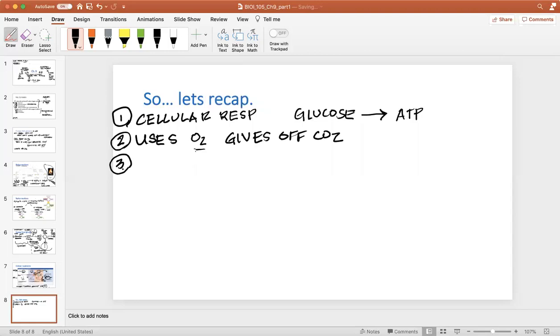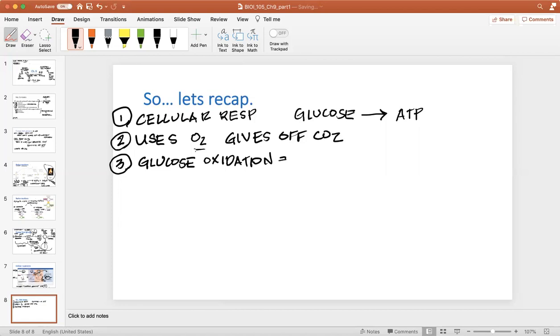Third point. As we break glucose down, and instead of saying break glucose down, I'm going to use the proper term. I'm going to say glucose oxidation creates byproducts.